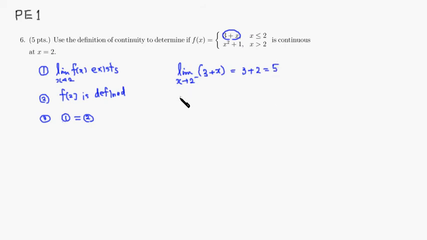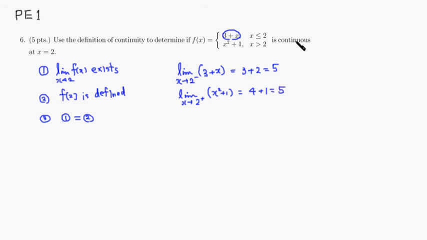If you approach from the right, you're going to have to use the bottom formula, which is x squared plus 1. So that is going to be equal to 2 squared, so 4, plus 1, which gives you 5.